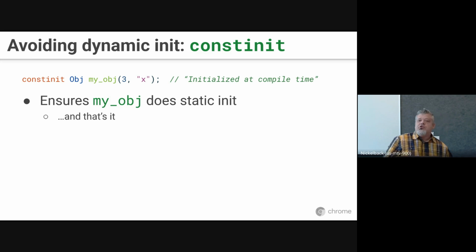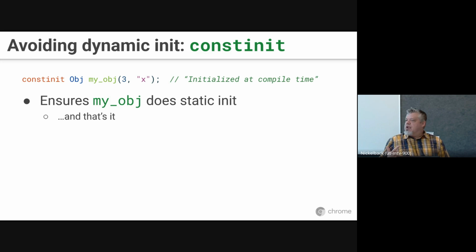It has no effect on the generated code here, likely, because even without writing constinit, the compiler might have been able to optimize the initialization of myobj, but constinit makes sure it happens. It breaks your compile if it doesn't happen, which is a very useful thing when you want to guarantee this into the future.